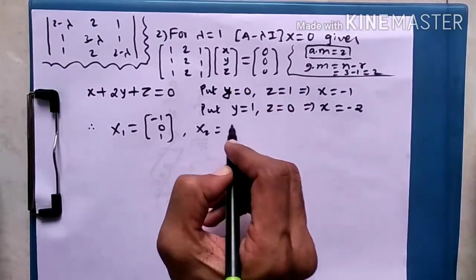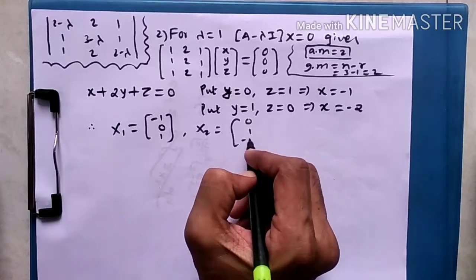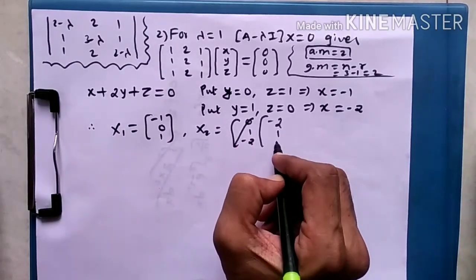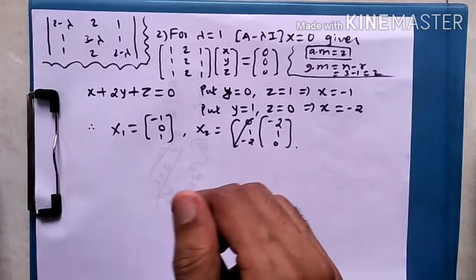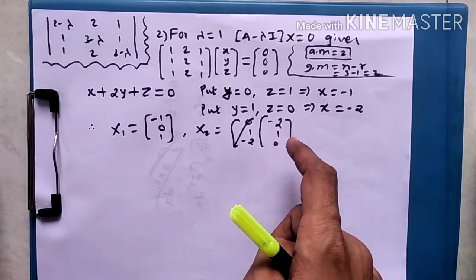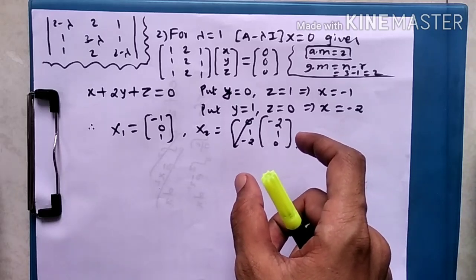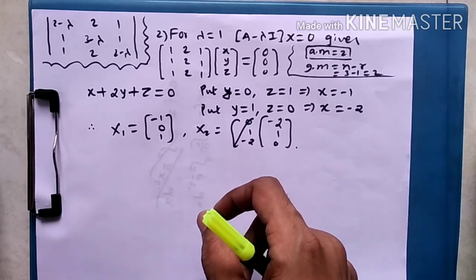And the second is again x, y and z equal to minus 2, 1 and 0. Okay. So this is the way to solve problems whenever eigenvalues are repeating. We will continue with similar problems in the next lecture. Thank you.